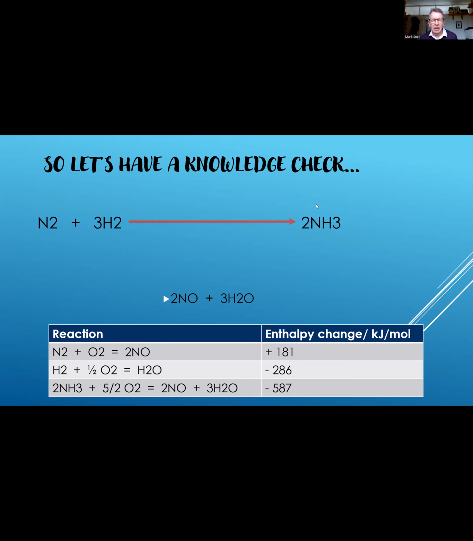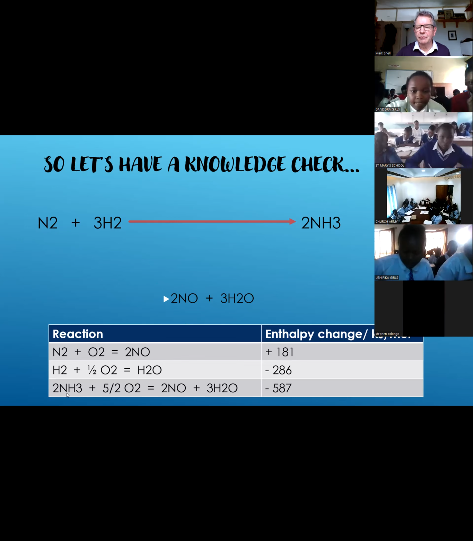Okay, so have a go. Stretch yourself a bit, see if you can do it. Remember that if you have more than one of the chemicals, like 3H2, you will need 3 times negative 286. Just have a go.